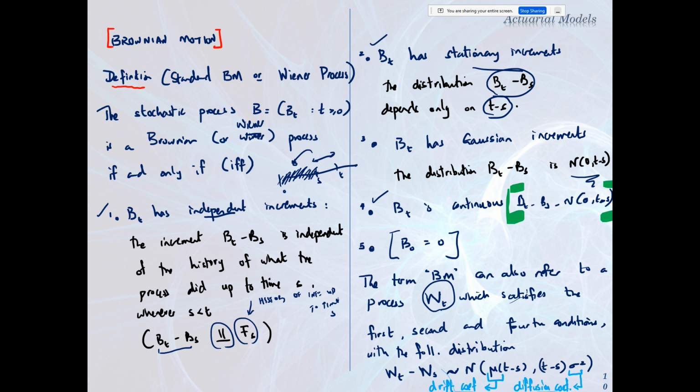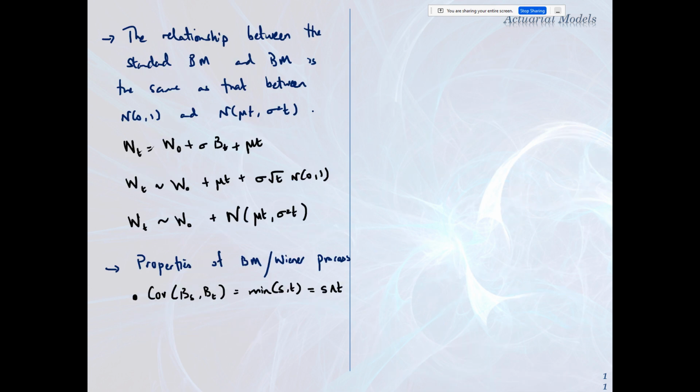We will see a particular Brownian motion afterwards, known as the geometric Brownian motion, and this is very crucial, very essential for the modeling of stock prices. The relationship between the standard Brownian motion and the Brownian motion is the same as that between N(0,1) and N(mu t, sigma squared t).